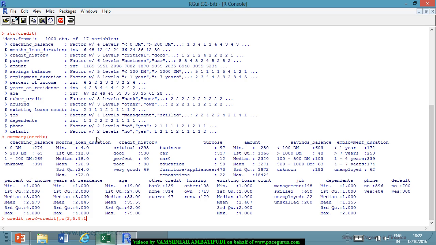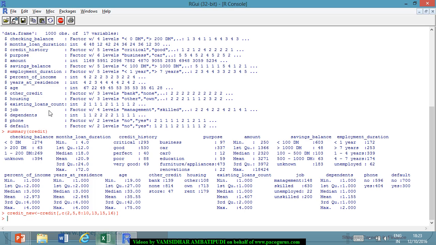So 8 to 10 I am going to take, 11, 12 I will not, 13 I will, 14 I will not. 15 I'm going to take. Probably 16 also I'll take as it is, because anyhow it is yes or no, 1 and 2. So hardly matters. So it's already one single dummy variable. So all these columns I'm going to take and consider as credit underscore new.